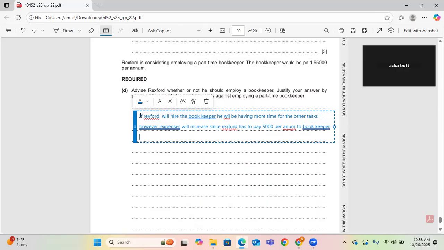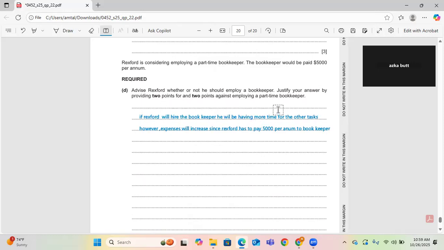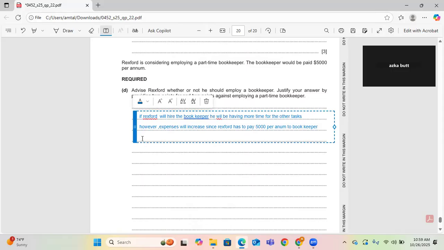Next point, we can say that there will be more accurate records and fewer errors if he employs a part-time bookkeeper. Rexford will have more reliable records if he hires the bookkeeper.